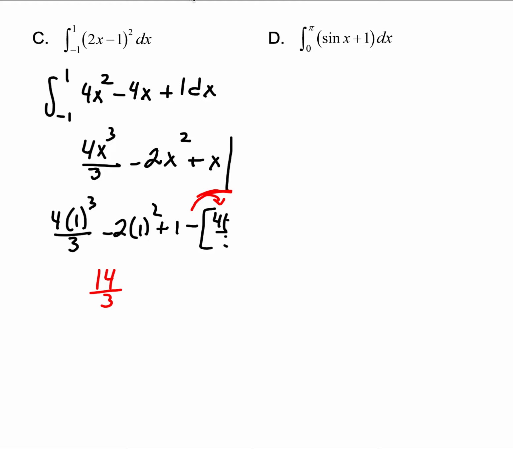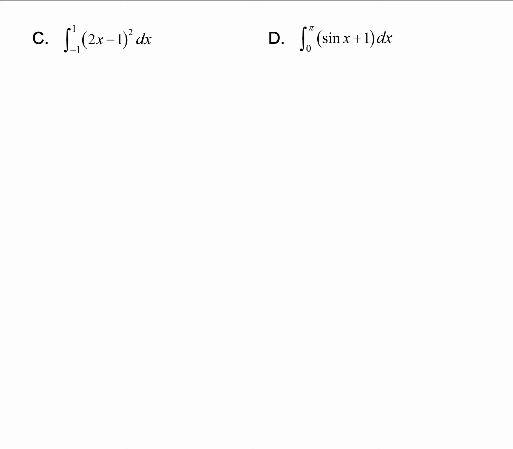All right, actually it's probably better if I clear this all out. For D, we have a trig function, but you have your rules. It's just the opposite. So you're thinking to yourself, what derivative gives me sine? And we know that the derivative of cosine is negative sine.